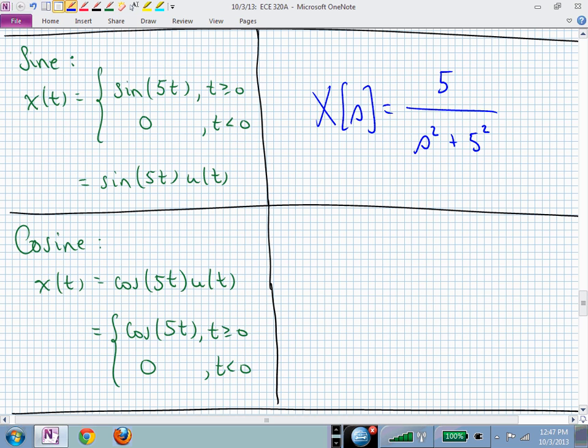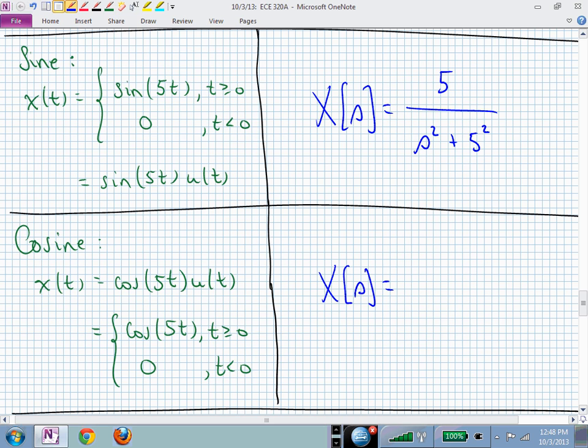Cosine. Again, we're using the same notation. It could be either cosine times the switch that turns it on for non-negative values of time, which is u of t, or we could give it this sort of two-row formulation for x of t and indicate when it's negative or when it's non-negative time.